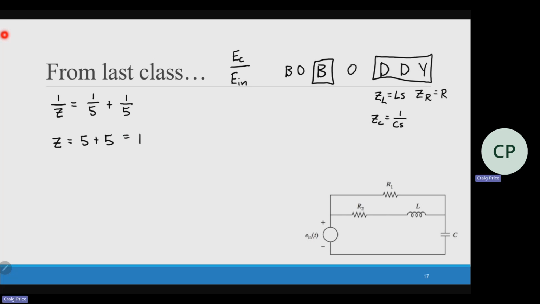Well, if I have 5 plus 5, that's equal to 10. But if I add up the reciprocals, then Z is equal to 5/2. So those are different. So that's why being careful with your reciprocals.